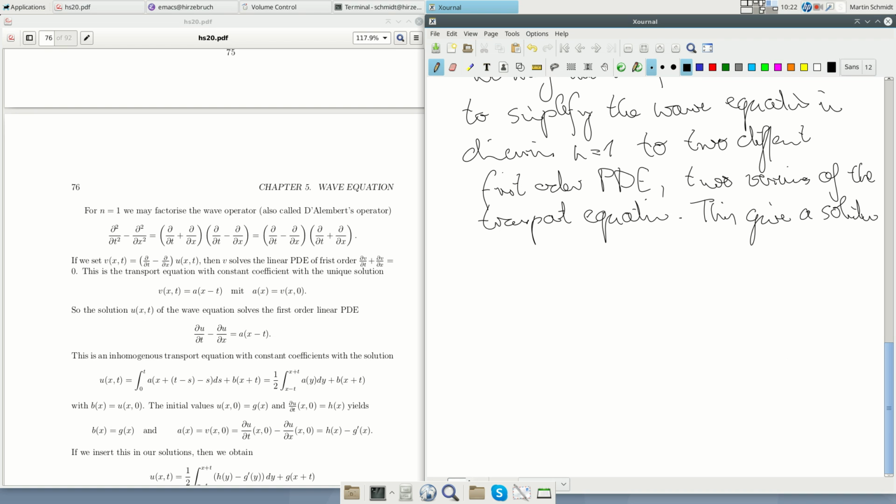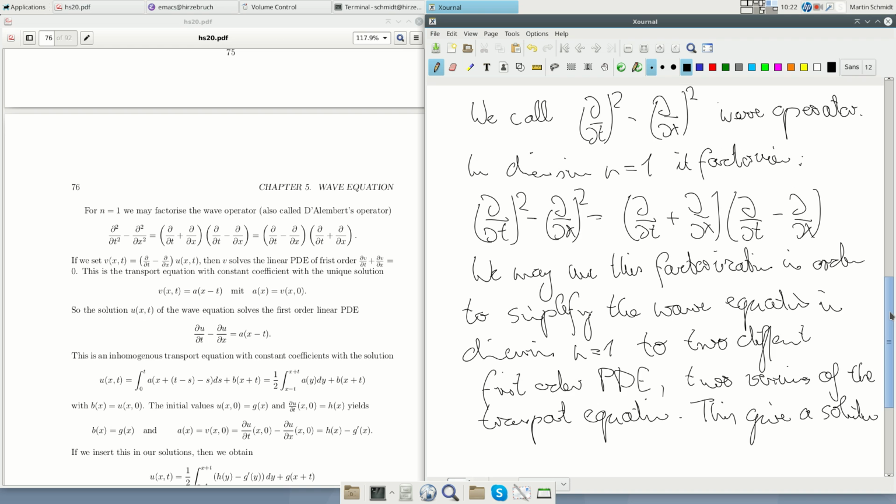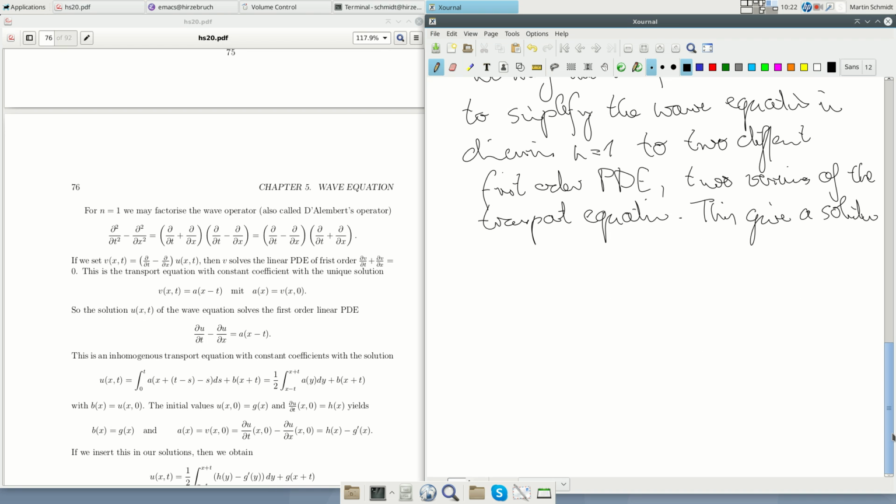Okay, now let's do this. The idea is now quite simple. We now have the equation d by dt plus d by dx applied to d by dt minus d by dx of u of xt is 0. So what do we do?